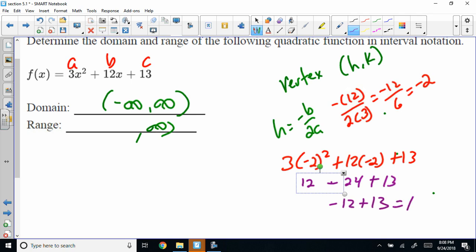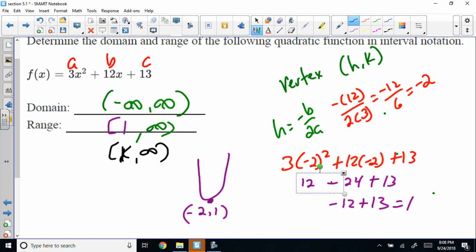I got 1. So that's really, this one's opening up, right? So that's negative 2, 1, right? Which would be what here? And if you look back, it's saying K, comma, infinity, right? If you look back on your notes, it'll tell you that on the first couple of pages.